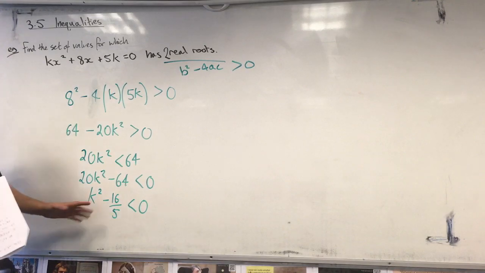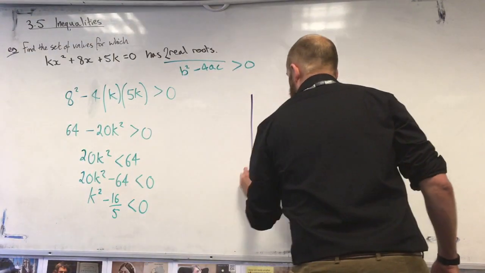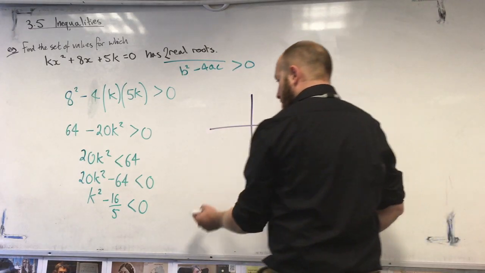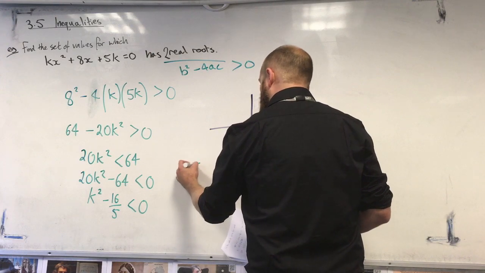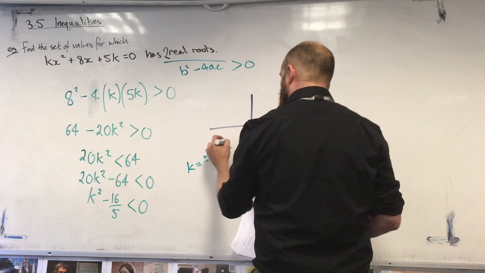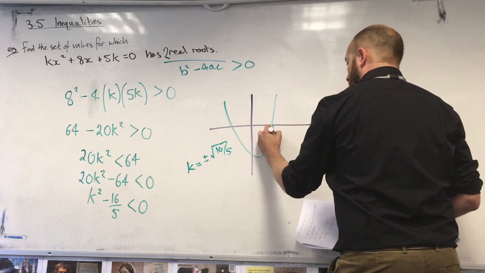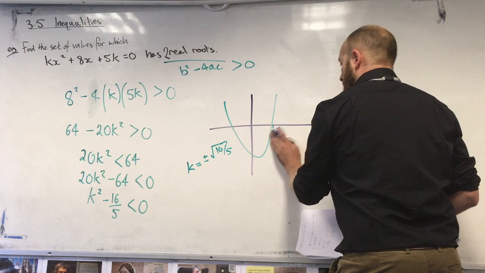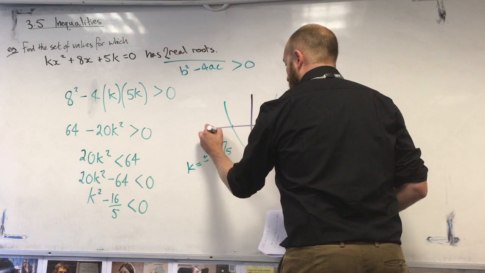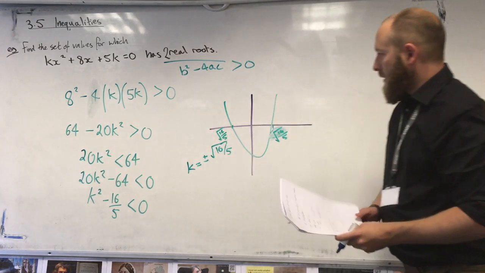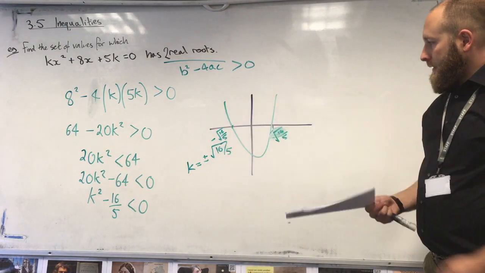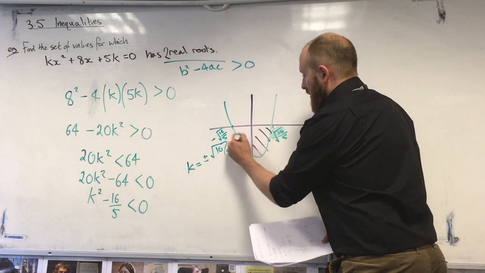Okay, so if you want to sketch again and solve this one, it's going to be a symmetrical quadratic this time. And our roots for that one are going to be k is plus or minus root 16 over 5. So root 16 over 5 and minus root 16 over 5. This I'm looking for greater than 0, so we're not interested in any of the bit in the middle.